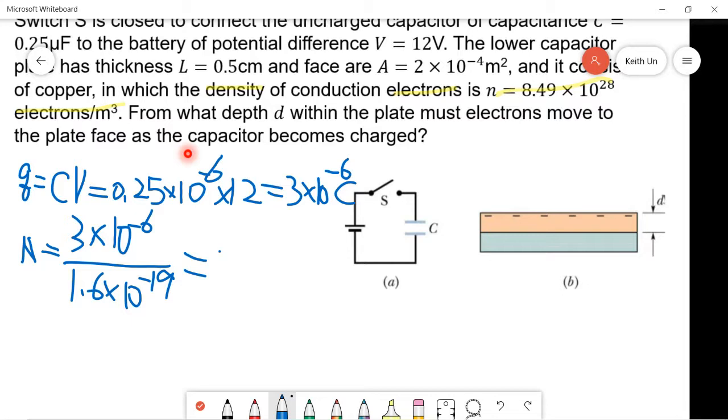So it is something like 10 to the 13 electrons.